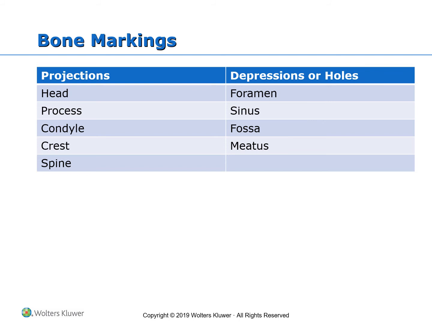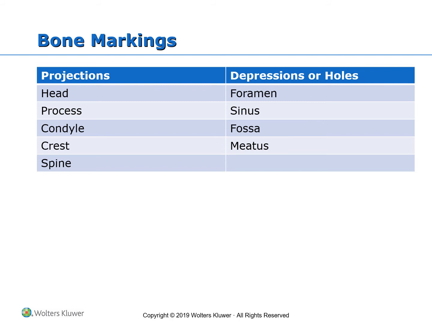We may see crests, and that's kind of a border or a ridge that most of the time is rough, that provides insertion points for muscles. We may have a spine that is the sharp projection from a surface of a bone, like in the spine of the scapula.